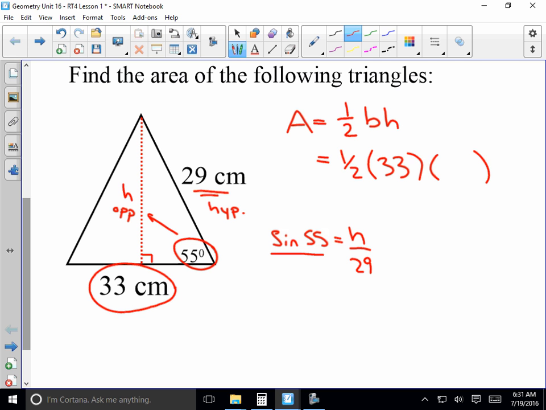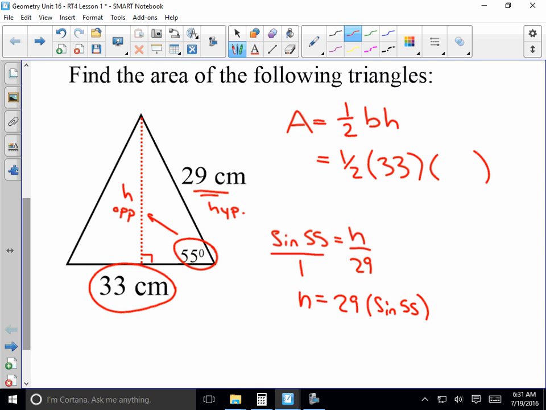And we can put that over 1 to finish up our problem. So when we cross multiply, what we see is that h equals the hypotenuse value 29 times the sine of 55 degrees.